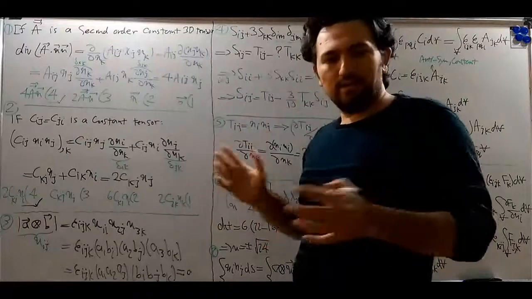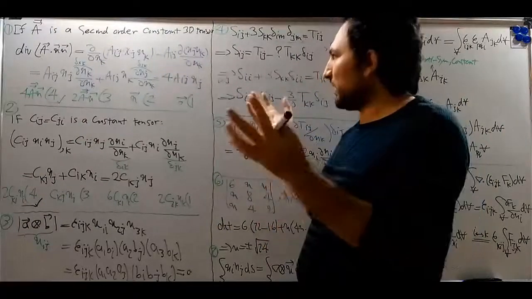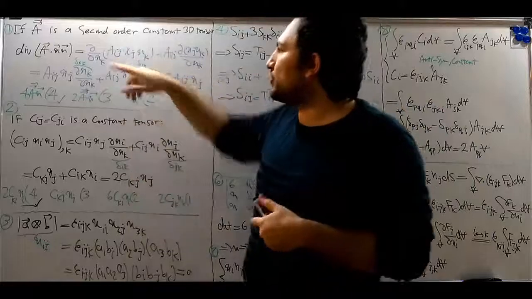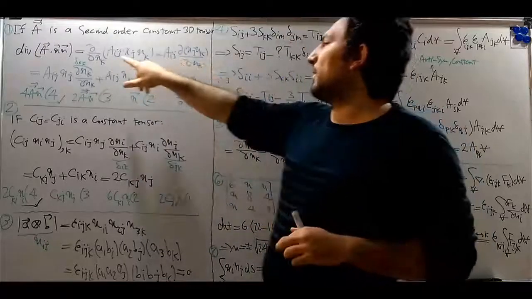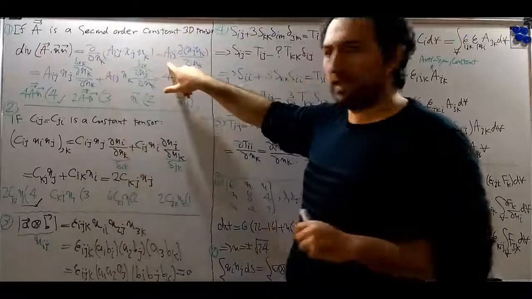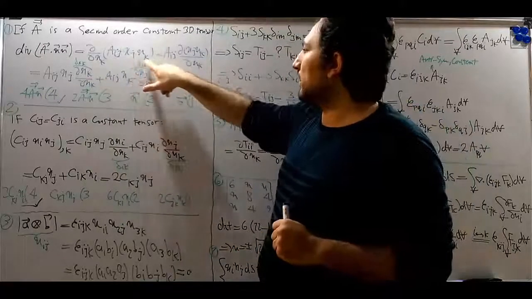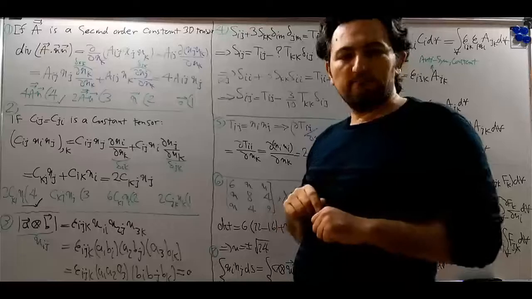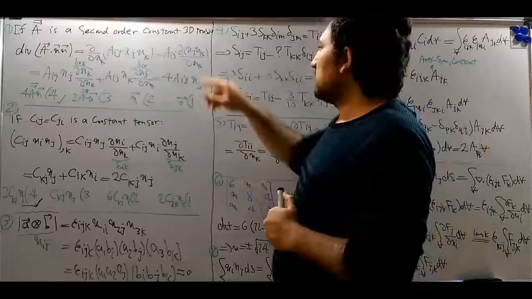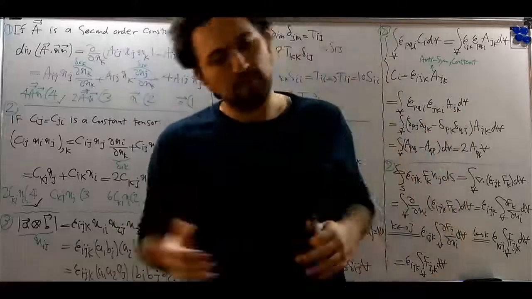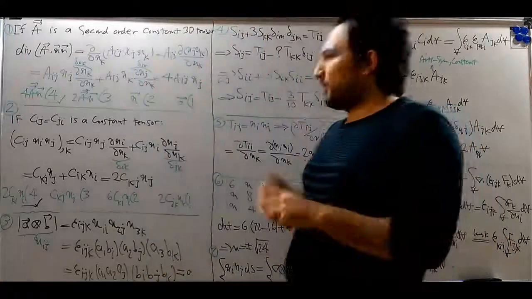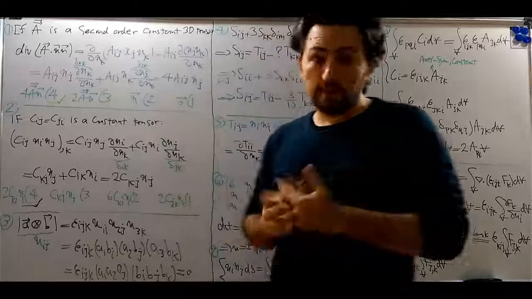The rest of the proof is so straightforward. A sub ij is a constant matrix, so here I can put it at the beginning, and also I have two vectors in the derivative, so I can expand this relation using the rules of derivation of the product of two functions.